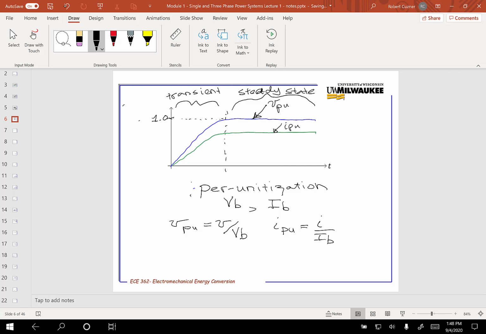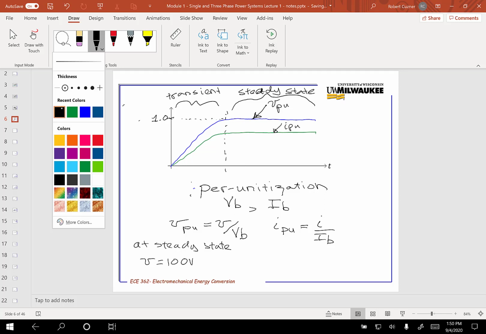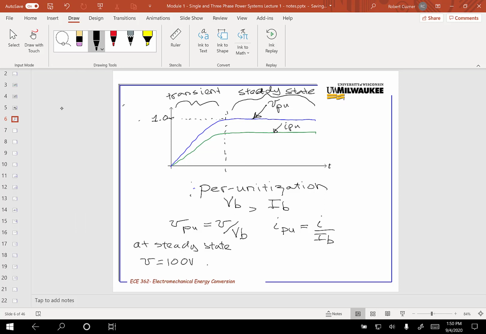And so at steady state, let's say V equals 100, and the current steady state level, let's say, ends up being at around 7 amps.